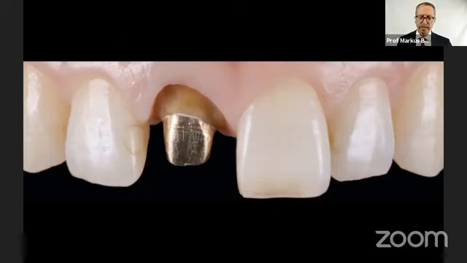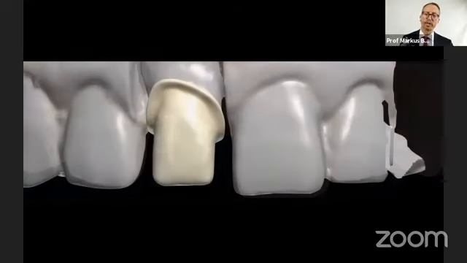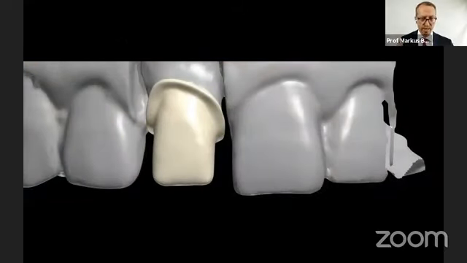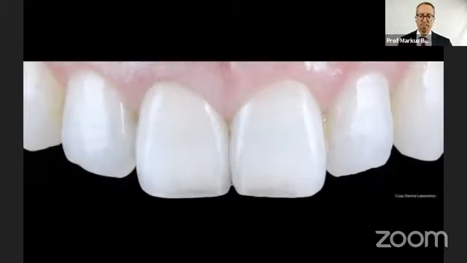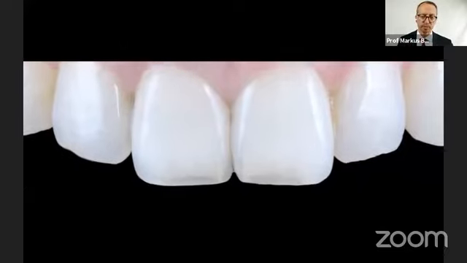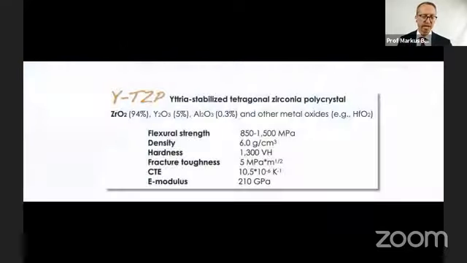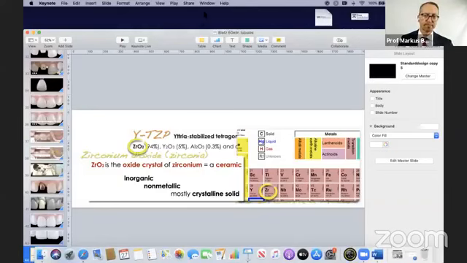In these situations, even though monolithic zirconia has become so popular, we still like to use a layered type of restoration, blocking out that gold cast post and core underneath with a more opaque zirconia, and then having a dental technician mimic the natural tooth structure as closely as possible, building it up with porcelain as we have done traditionally. And I still believe in many of those instances that is certainly the way to go.